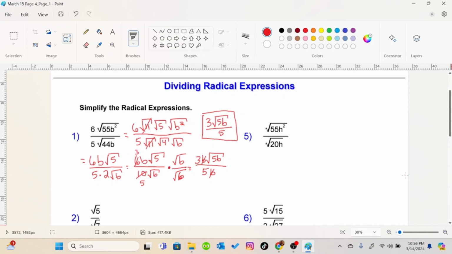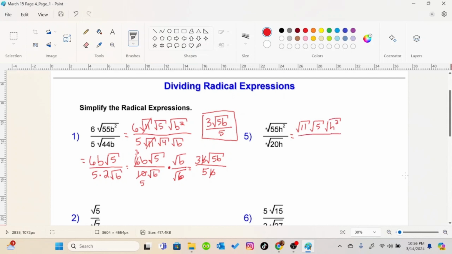Number 5. On the top, the square root of 55h squared is the square root of 11 times the square root of 5 times the square root of h squared.